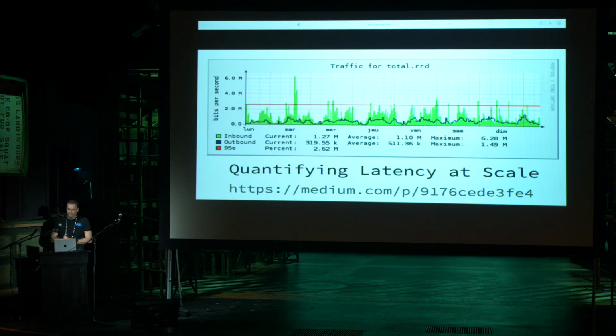So back to this graph. This is an RRD graph, and it measures network usage and calculates the 95th percentile over a certain time period. Now, back around the dot-com boom in 2000, these were heavily used.